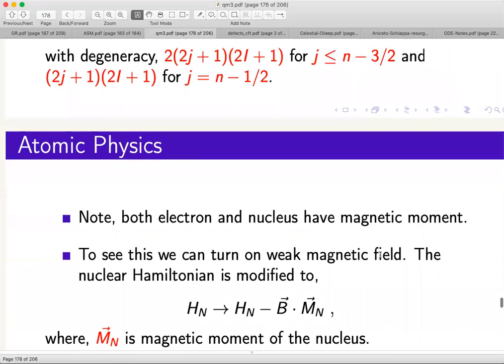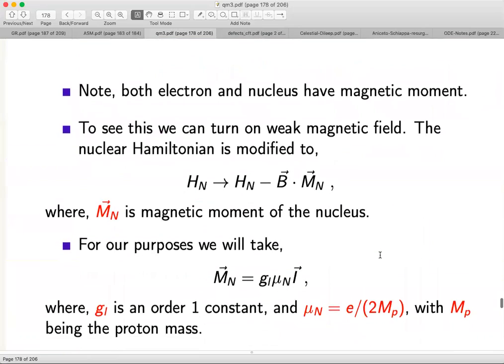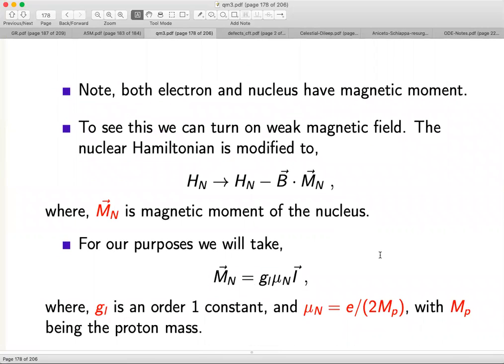Now remember, both electron and nucleus have magnetic moments, because both the electron and the constituents of the nucleus carry a spin degree of freedom, and that is the one which leads to a magnetic moment. The best way of seeing that is to turn on an external weak magnetic field and see how the spectrum of the nuclear Hamiltonian changes.